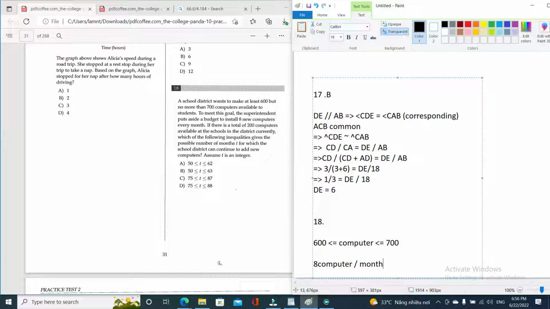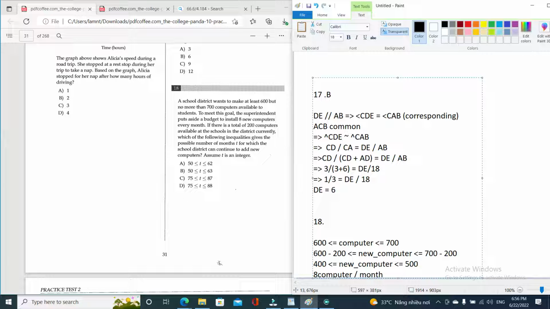For how many months can the school continue to add computers? So we have to subtract. 600 minus 200. We're going to call the thing new computers, right? We're gonna subtract 200 from both sides. So 400 is smaller or equal to new computers, smaller or equal to 500.